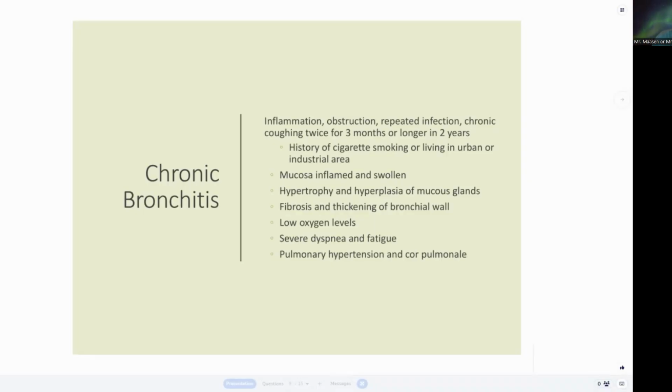They have severe dyspnea and fatigue. And with these guys, they usually have cor pulmonale and pulmonary hypertension.